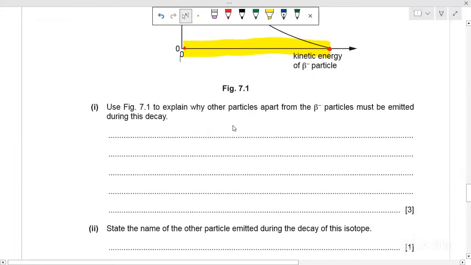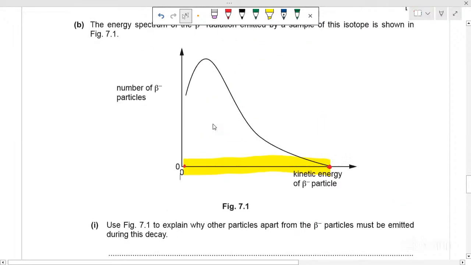Use this figure to explain why other particles apart from beta particles must be emitted during this decay. So we have to explain why there must be another particle. This graph was the reason for the discovery of the neutrino and antineutrino.